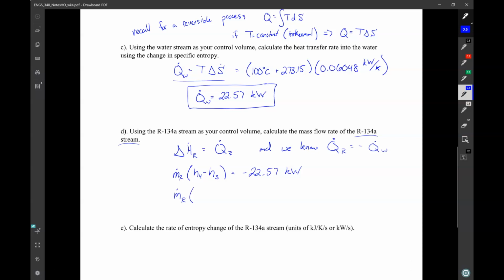If we look back up at our table, this is 374.74 minus 407.21, and those have units of kilojoules per kilogram. That equals minus 22.57 kilowatts or kilojoules per second, and we can calculate that the mass flow rate of our refrigerant is 0.695 kilograms per second.